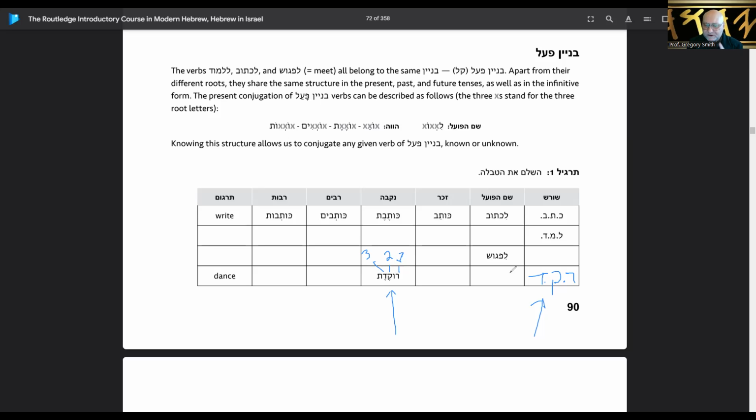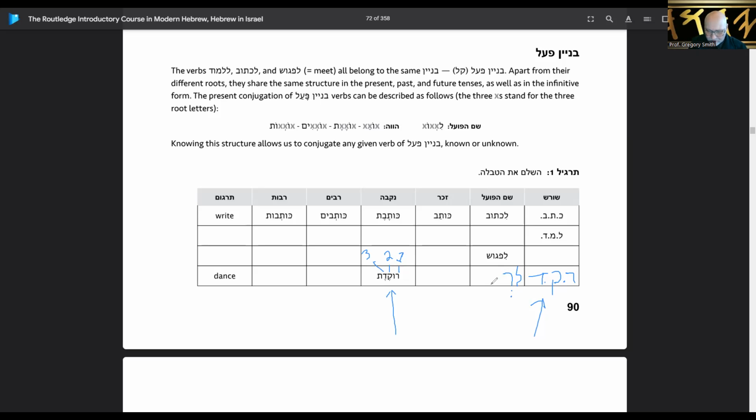Okay, so what I'm going to do here, just because I want to make sure, is open up my Pa'alim program and double check. I want to put that root in, Resh, Kaf, Dalet. Okay, there we go. And here it is, lirkod. We got a Lamed. We have a Resh, and notice there is a Shva under that.